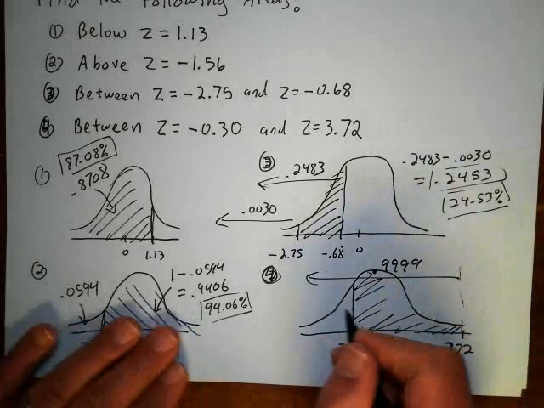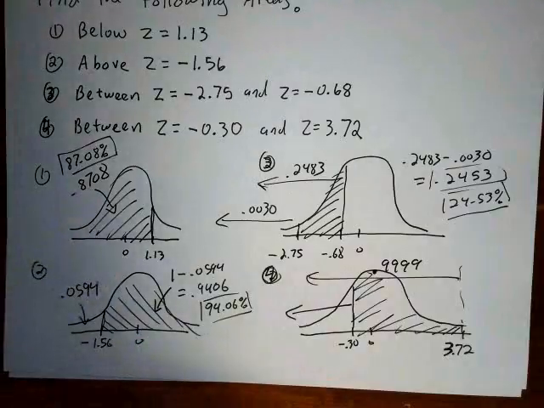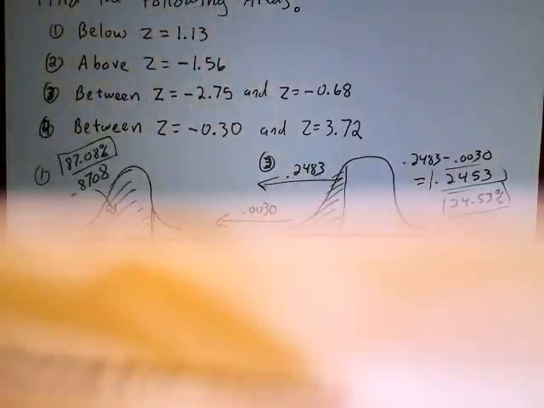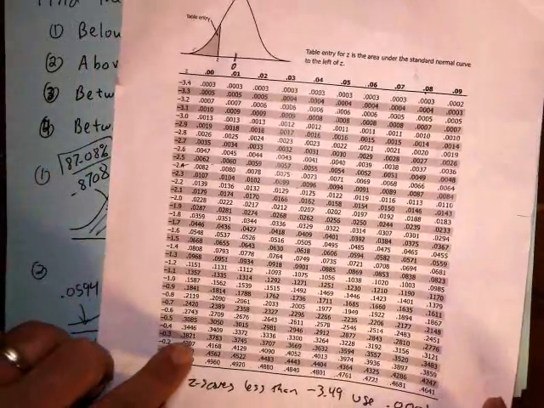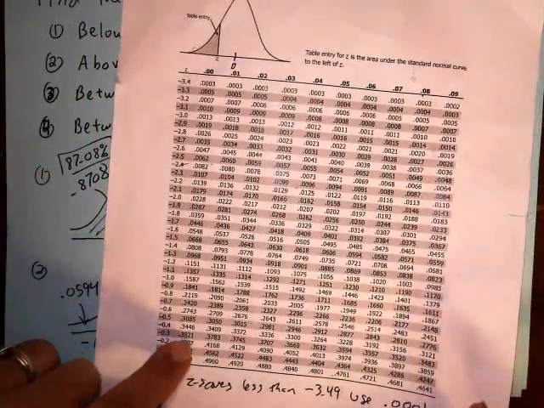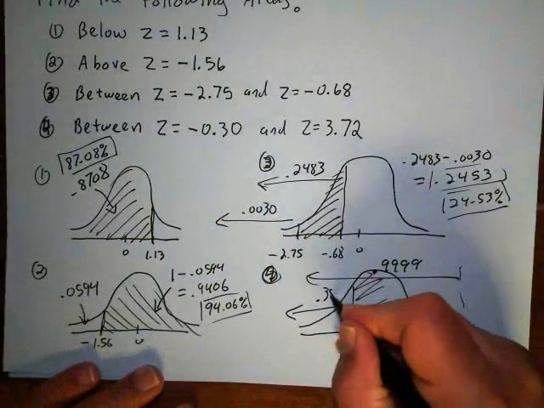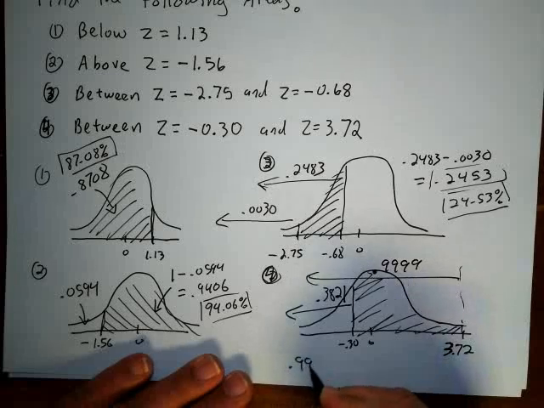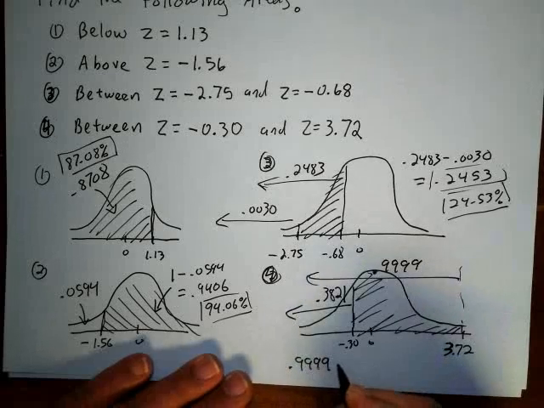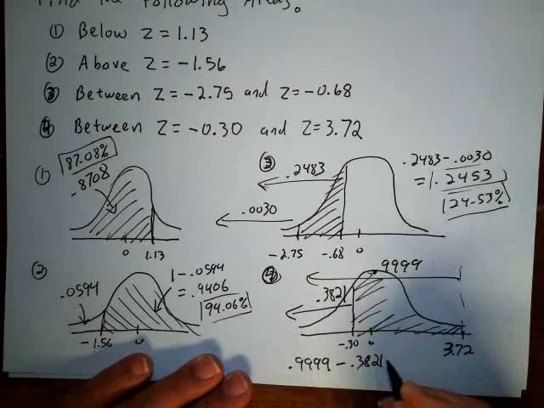And so then I need to look up this one. On the negative side, negative 0.30, and I get 0.3821. So I get 0.9999 minus 0.3821.